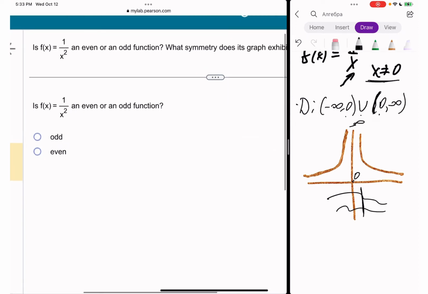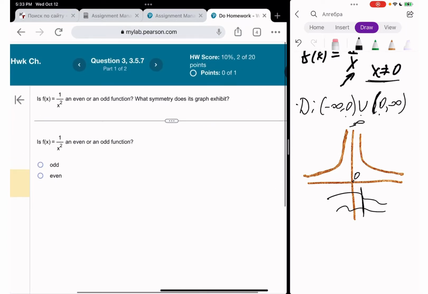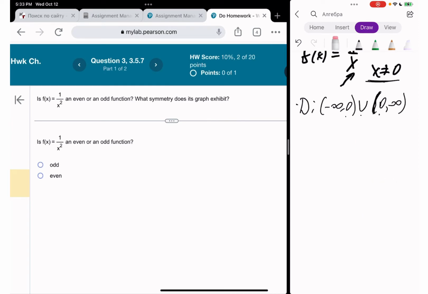Next we need to figure out if the function, in this case 1 over x squared, is odd or even. Here is the thing. Functions whose highest degree is even, such as 2, 4, 6, 8, are even.